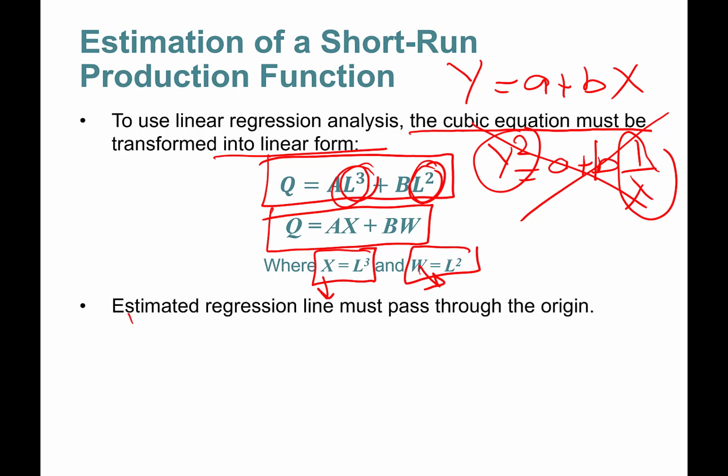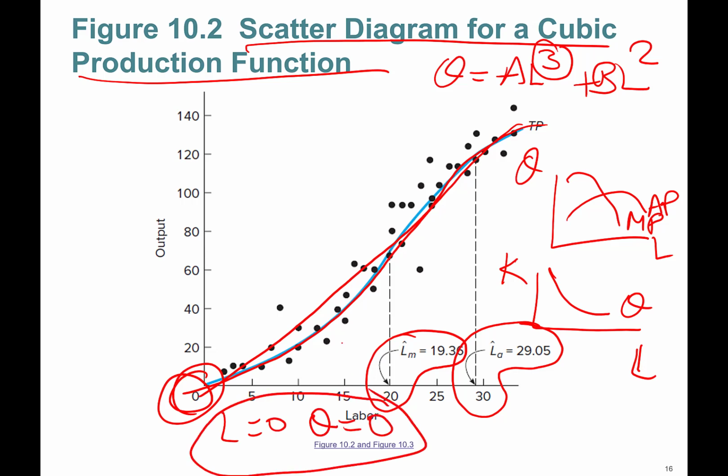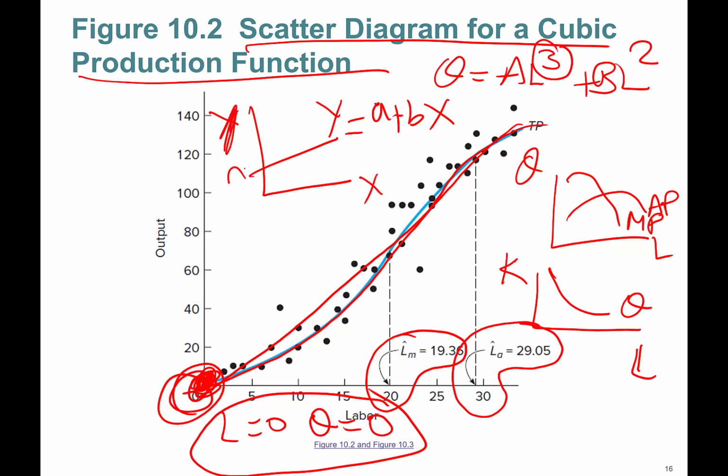The estimated regression also must pass through the origin. I'm going one slide back. Look, the production function starts from 0. If you have 0 labor, you want your output to be 0. You can't produce with no labor, okay? Which means we want our production function to pass through the origin. If you look at a regular regression, a plus bx, a was the intercept.